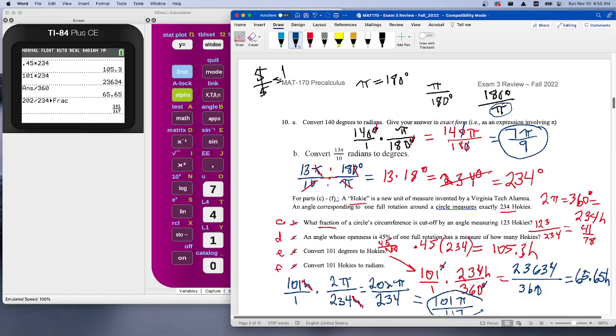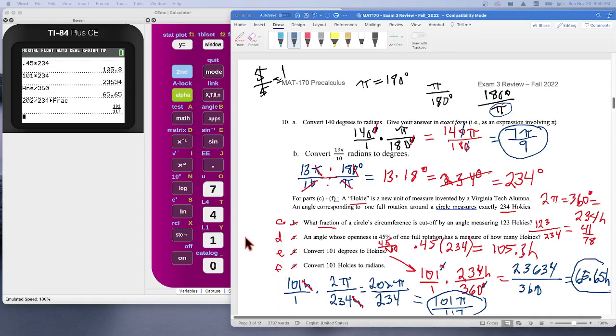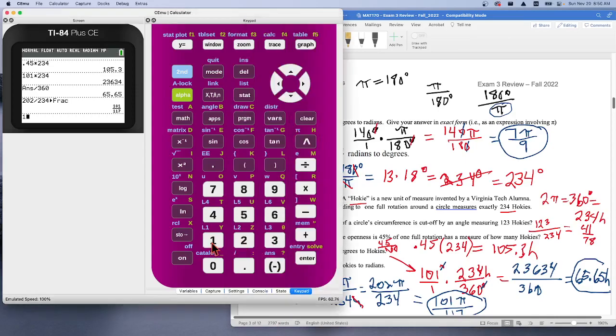That many radians. Let's see what the answers have. Yeah, they have it as a decimal. So actually you could just do 101 pi divided by 117, which is 2 point something.